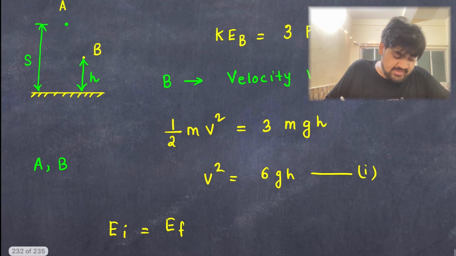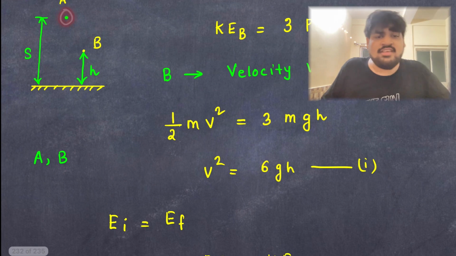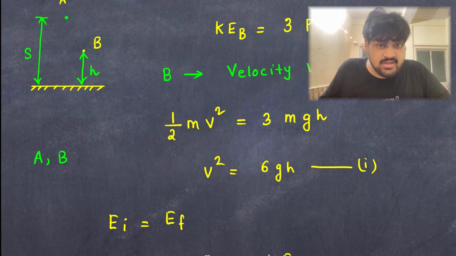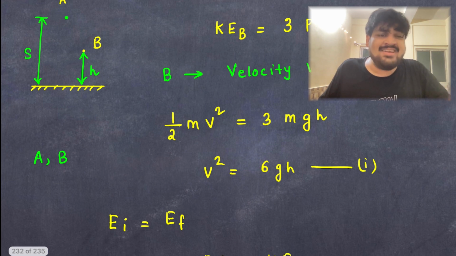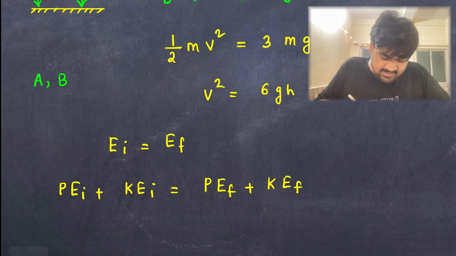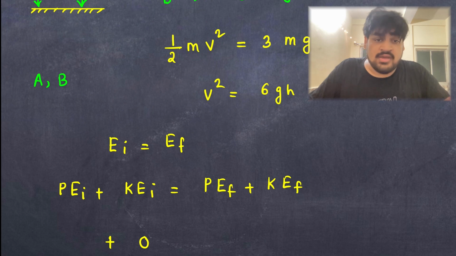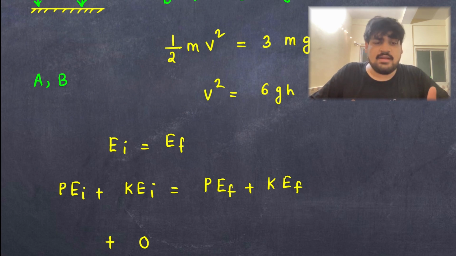See, at point A, the ball is just dropped, so the velocity of the ball is 0 at point A. So the kinetic energy of the body at point A will be 0, as velocity is 0. So at point A our initial kinetic energy is 0.